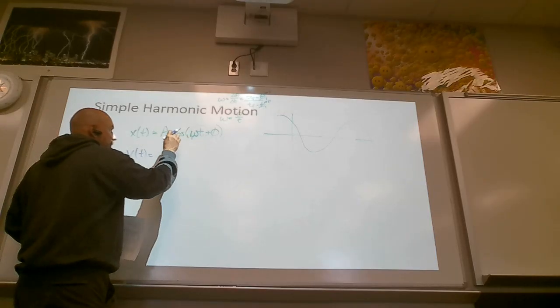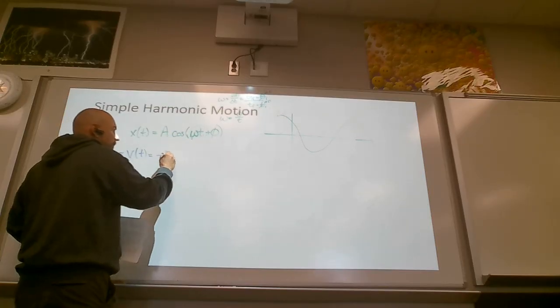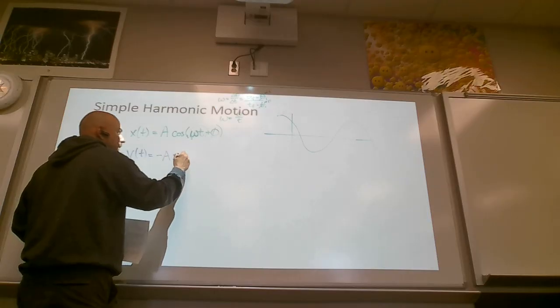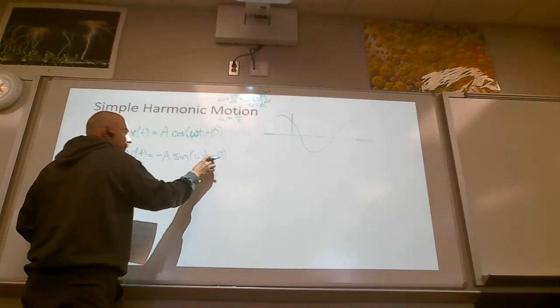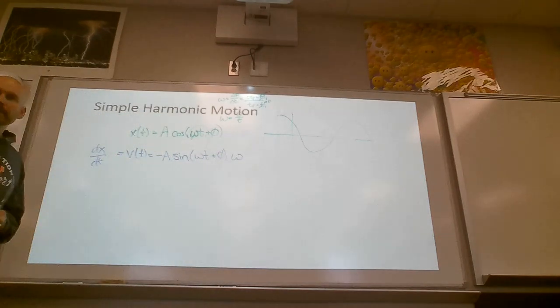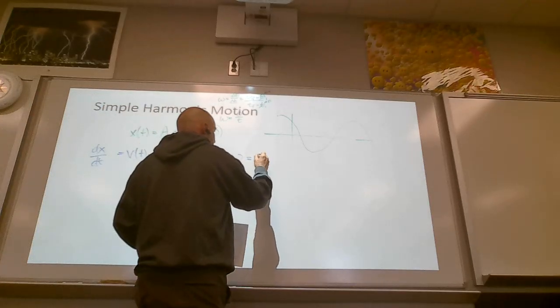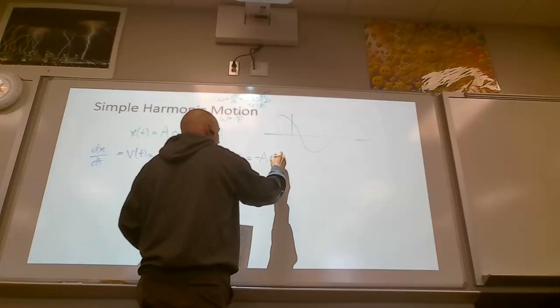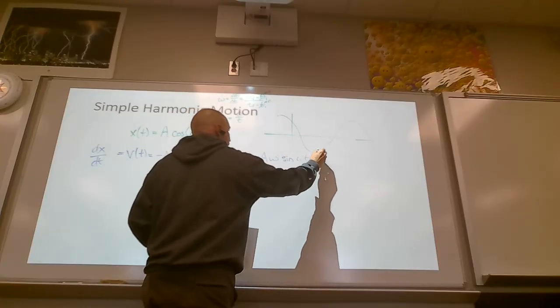The derivative of cosine is a negative sine, yes? And then I need to take the derivative of the inside, I get omega. Okay? So how you'll see this written a lot of times is A omega sine omega t plus the phase.